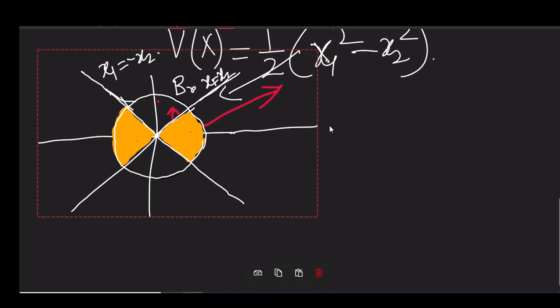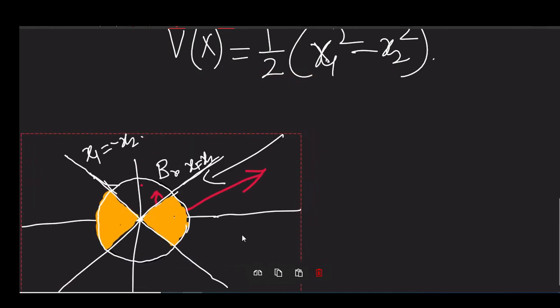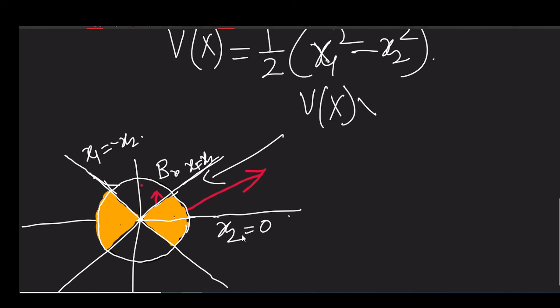So what you will see here, it's very interesting, that on this line x2 is equal to 0, your V(x) is positive. So on the line x2 is equal to 0, V(x) is greater than 0. So let us take any point that is arbitrarily close to the origin. Here, say one point.